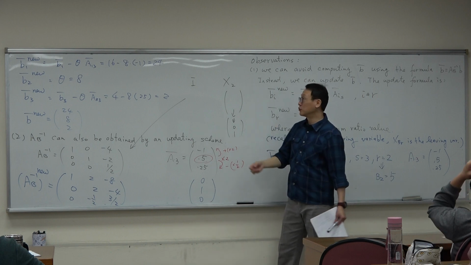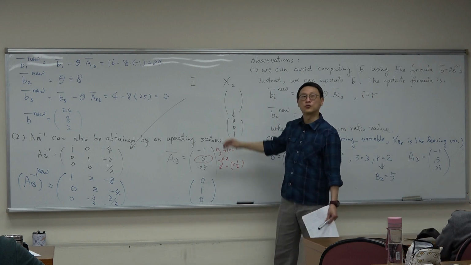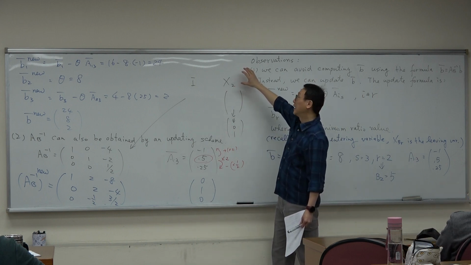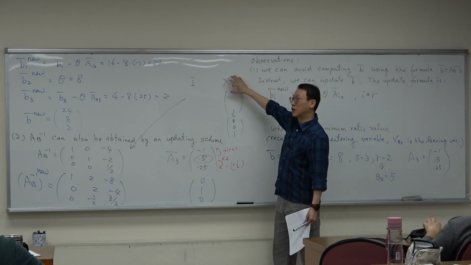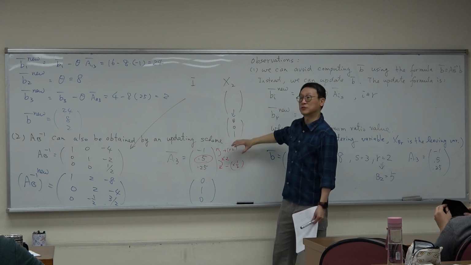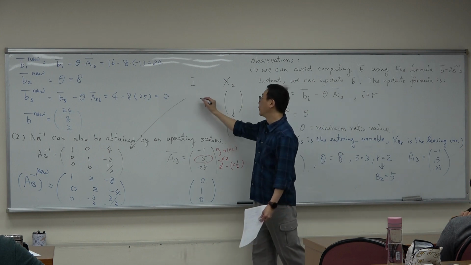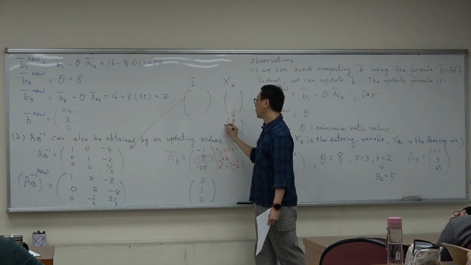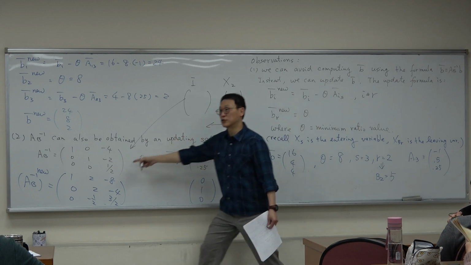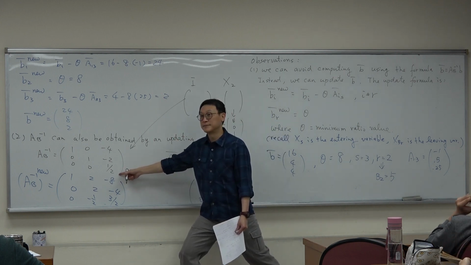In the first iteration, say we forgot which variable is entering. Based on the entering variables, we can update to 001 or something. And once we update this identity matrix, we update to a new matrix like this. Okay?